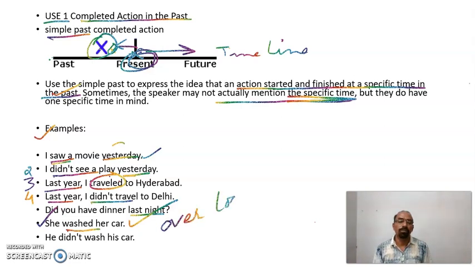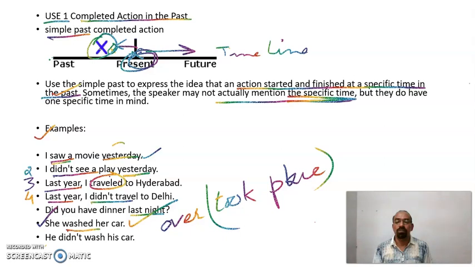The action already took place. And he didn't wash his car. That is the negative form. So this is the first use of past simple: an action in the past.